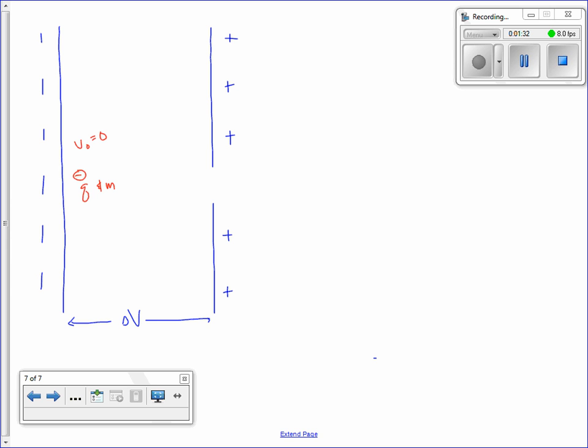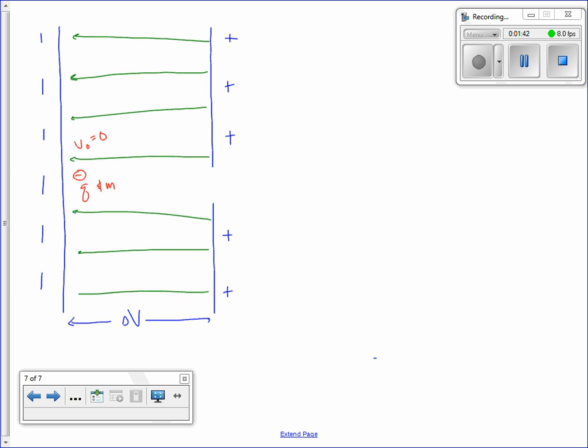It goes this way. Actually made an inadvertent smart choice here. If you're to draw these electric field lines, which is rare, I think, on the AP, but very common on the Regents exam, make the lines touch the plates.